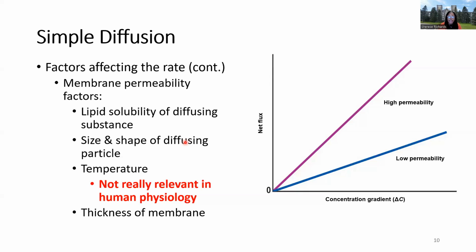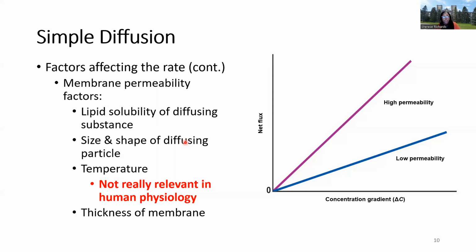So the size and shape of the particle in question is definitely going to influence the membrane permeability, which is definitely going to influence the rate of simple diffusion. The other thing here is looking at the ability to go through that layer. So if it's a bulky particle, right, it's also not going to be able to go through that membrane as well.